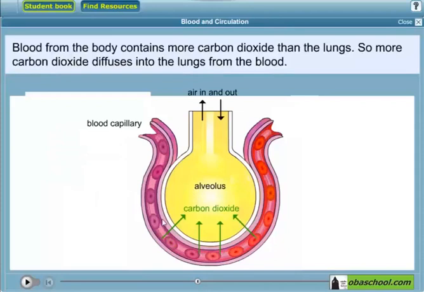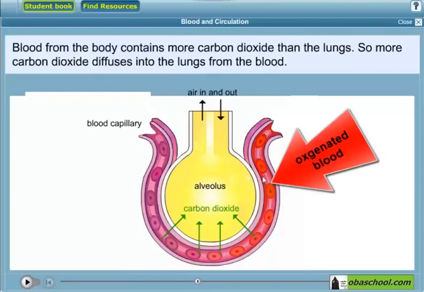So what happens is the oxygen in the alveolus is going to diffuse down its concentration gradient from the alveolus to the blood, and the carbon dioxide is going to diffuse down its concentration gradient from the blood to the alveolus. So now the blood that entered this medium becomes oxygenated.